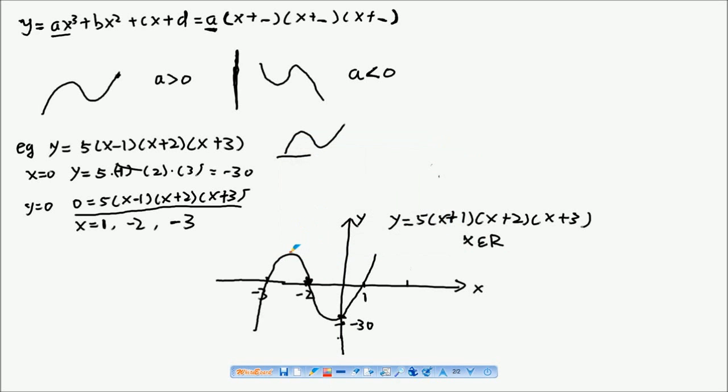there is a turning point here and a turning point here. Okay, and you don't have to find the turning points for now, because you need to learn how to do differential equations to find the turning points of the graph, and you will be learning that in year 11 math methods.